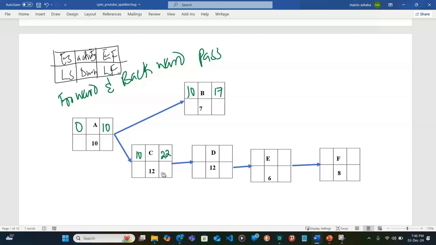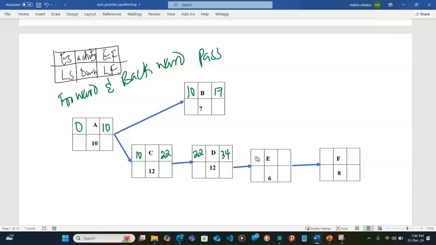So we keep on doing that. We proceed. The earliest finish time here gives us the earliest start time for activity D. And then when we add the two, we get 34.